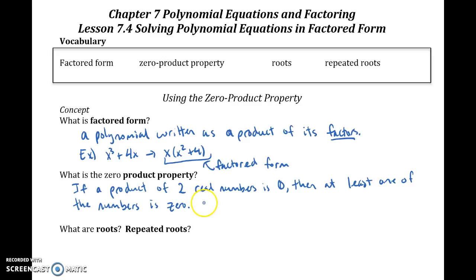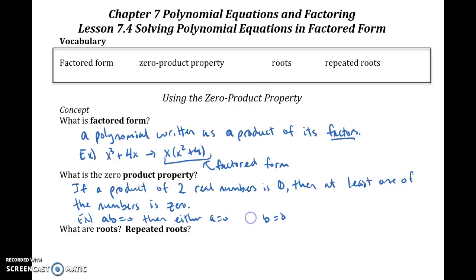So for example, if a times b equals 0, then either a equals 0 or b equals 0.